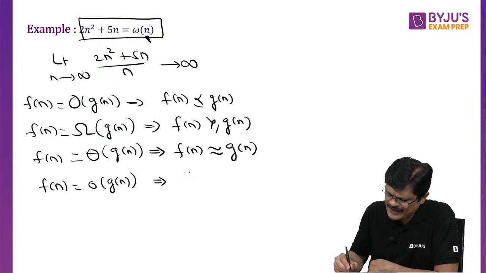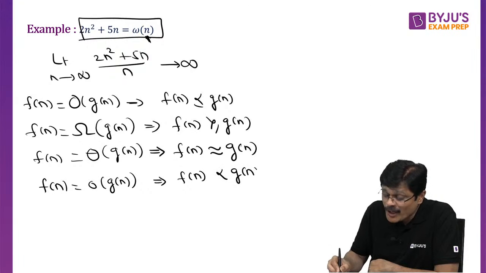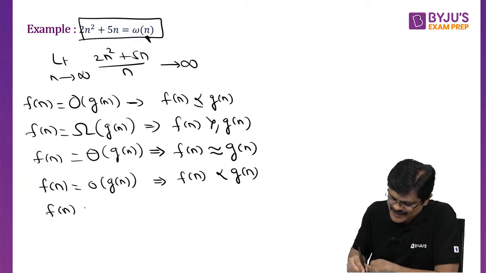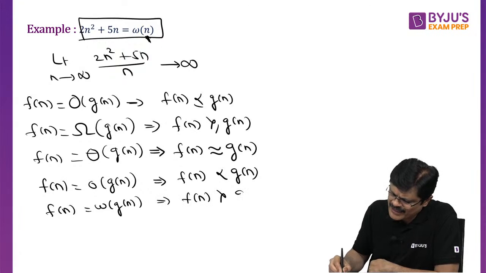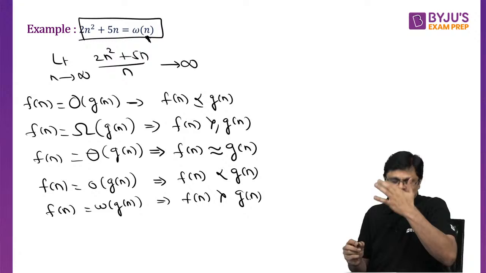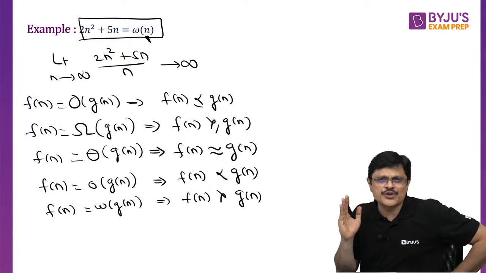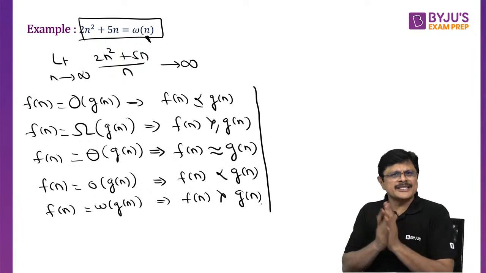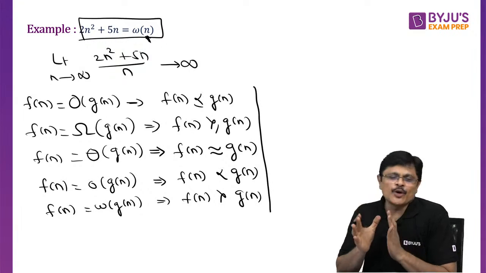It means that Fn is asymptotically smaller, not equal. And when you say Fn is small omega of Gn, what does it mean? Fn is asymptotically larger than Gn. So this is the story, my dear friends. Am I clear? So this is about the asymptotic notations.